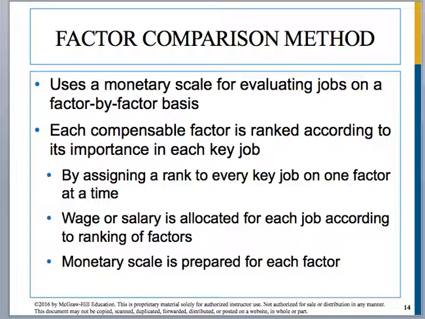So by assigning a rank to every key job on one factor at a time, the wage or salary is allocated for each job according to how those factors are ranked. Then the monetary scale is prepared for each of those factors. So it's looking at a case by case, so basically a factor by factor basis.